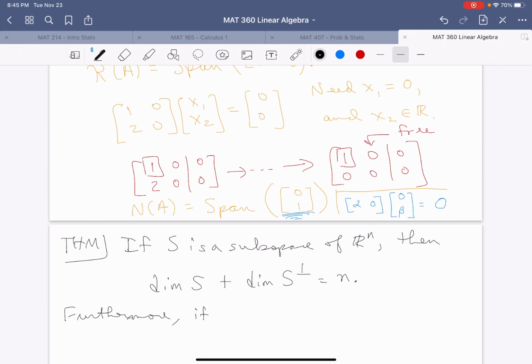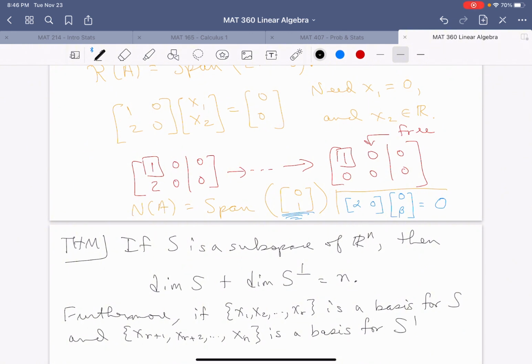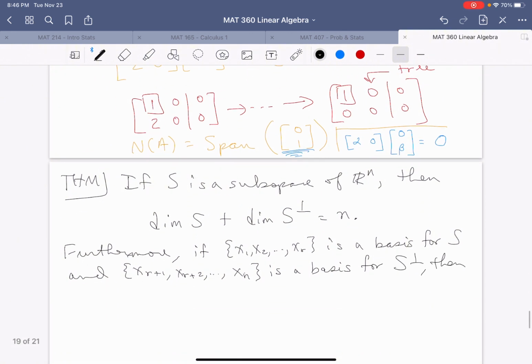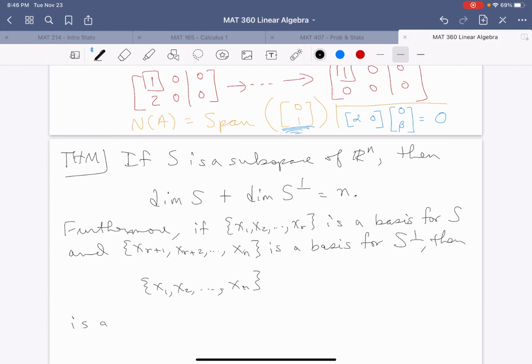So if x1, x2 until xr is a basis for S, and xr+1, xr+2 until xn is a basis for the orthogonal complement of S, then just put them together: x1, x2 until xn is a basis for all of Rn.